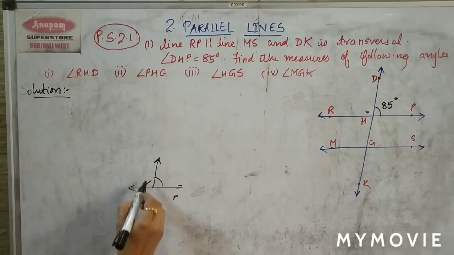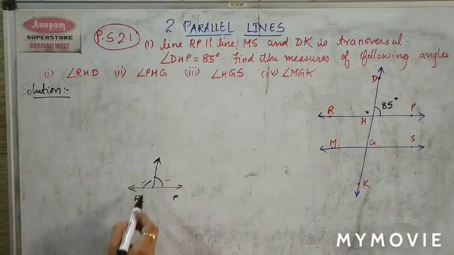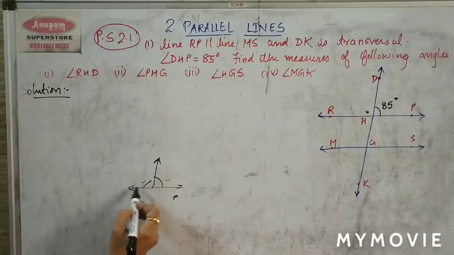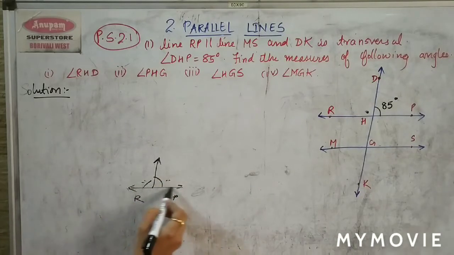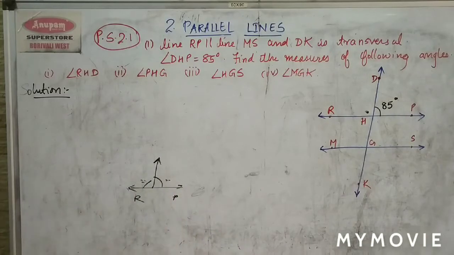Can you say that these two angles are a linear pair? Yes, because these two angles are adjacent to each other, and the addition of these two angles is 180 degrees. It's a straight line. So such pairs are called linear pairs, which you all have already studied in 8th standard, right?